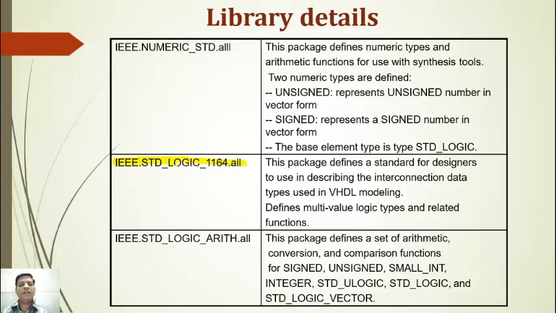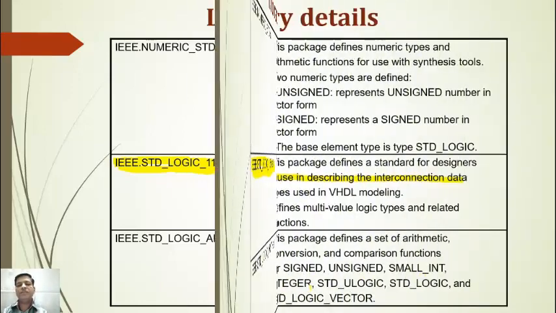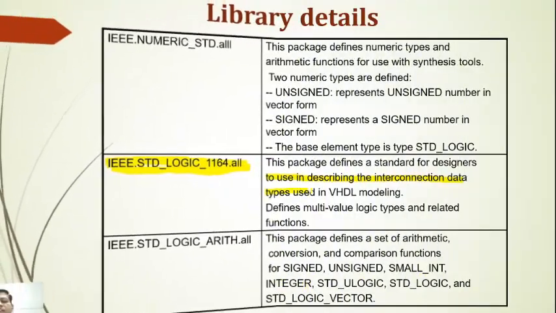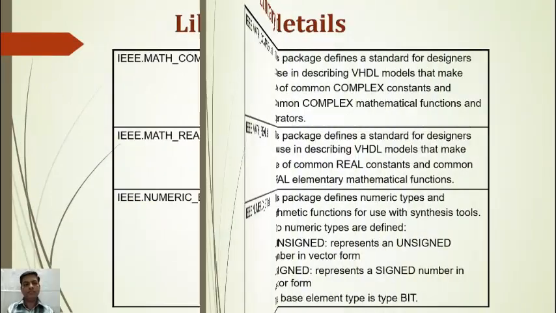IEEE.standard_logic_1164.all. So what is IEEE.standard_logic_1164.all? This package defines a standard for the designers to use in describing the interconnection data types used in VHDL models.